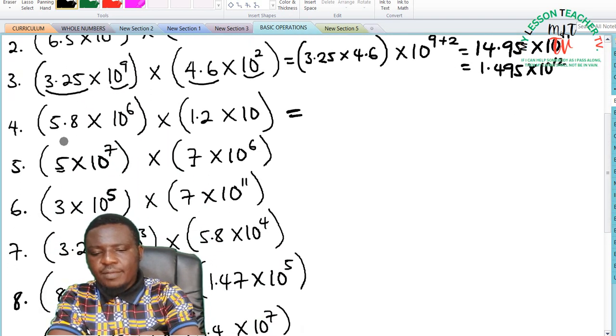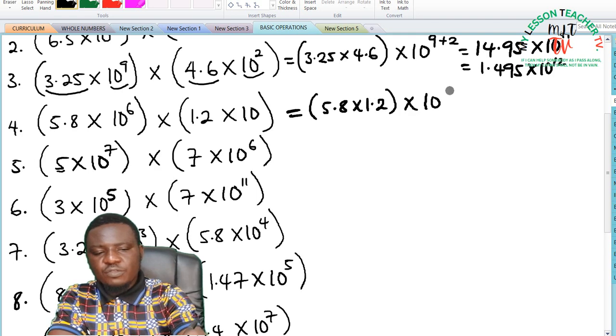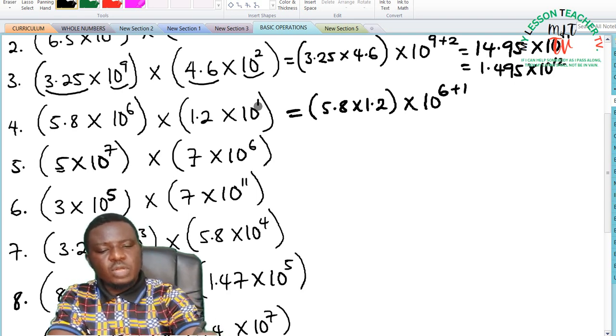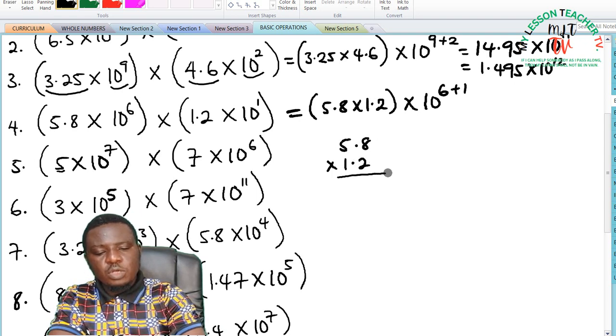Question 4. We are asked to multiply 5.8 times 1.2 times 10 raised to the power of 6 plus 1. Since this is 10, it is also said to be 10 raised to the power of 1. So that when you multiply 5.8 times 1.2, 2 times 8 is 16, carry 1. 2 times 5 is 10, plus 1 is 11. 1 times 8 is 8, and 1 times 5 is 5.